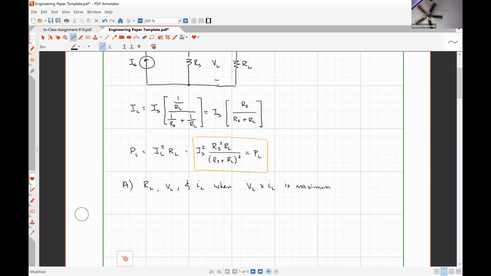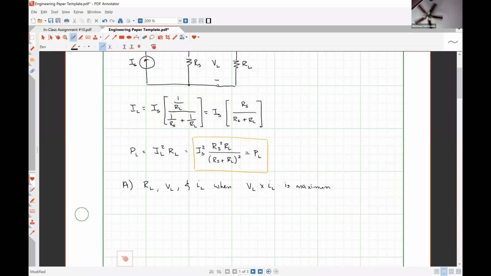Can anybody interpret what that question's really asking? Let's start there. So what does it mean when VL multiplied by IL is at its maximum? The maximum power? That's exactly right.